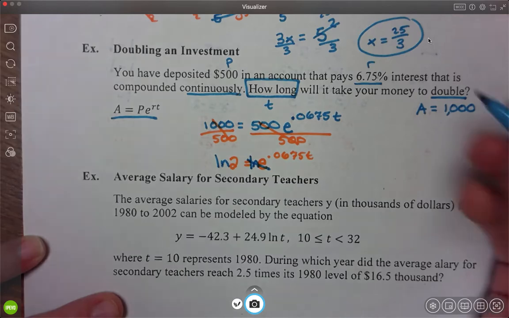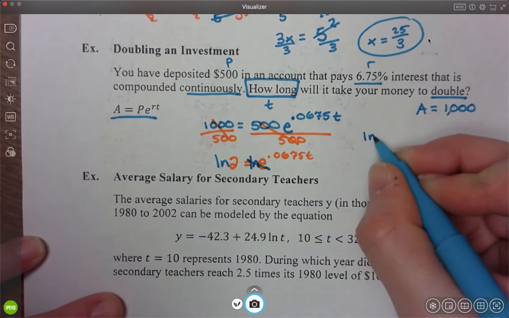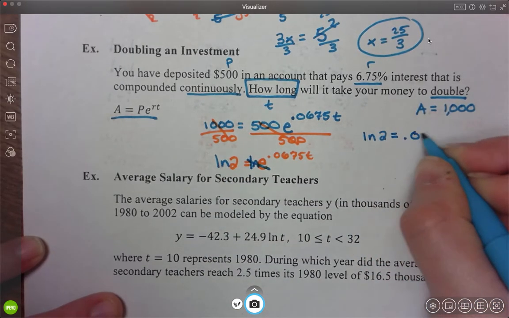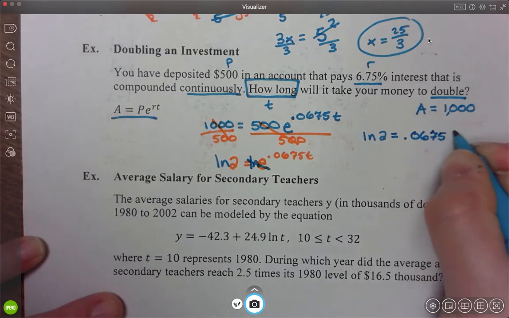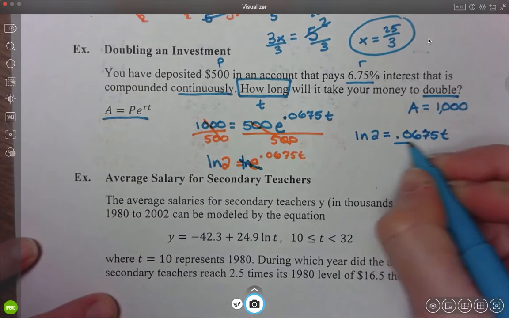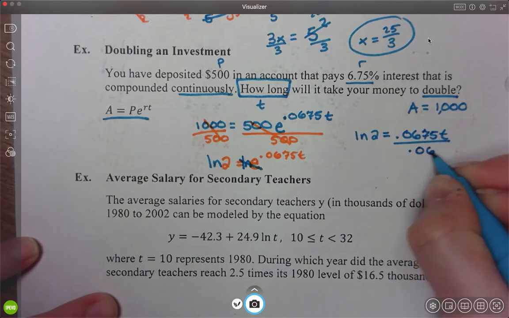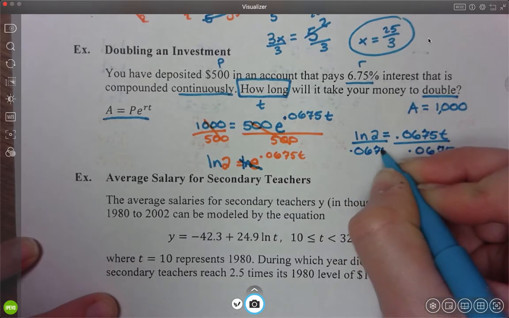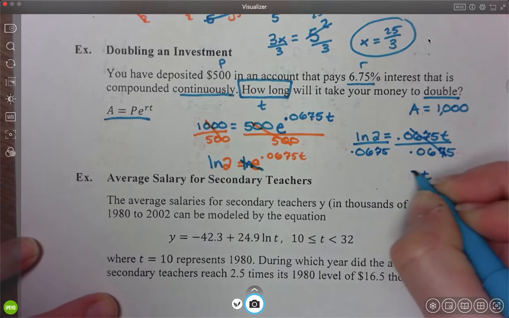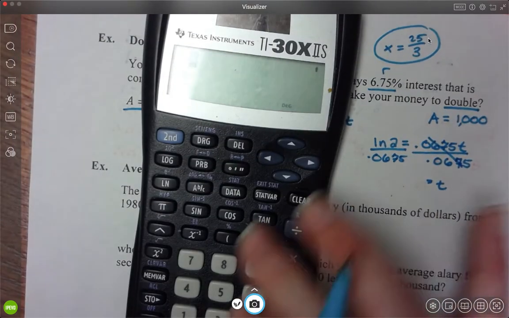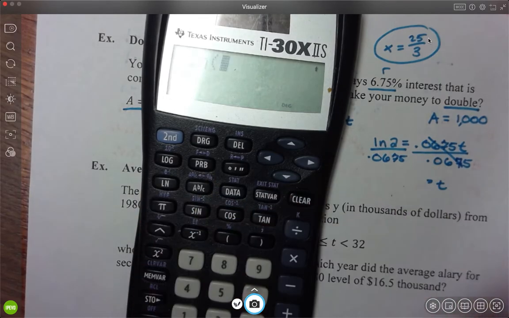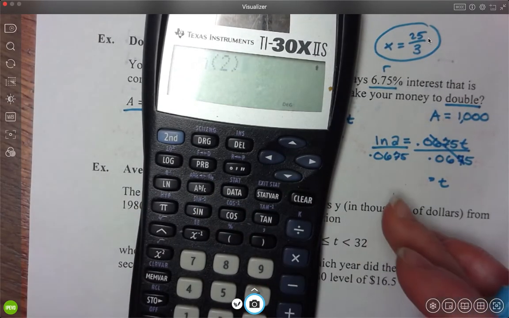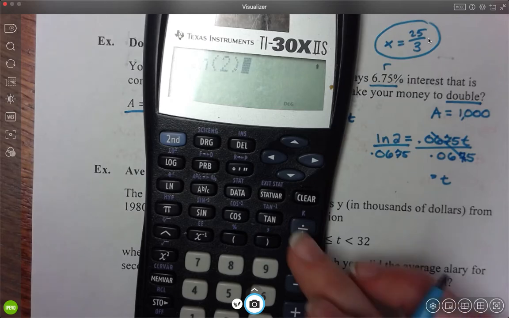So I will have ln of 2 equals 0.0675 t. And if I want to get t by itself, I just divide by that really ugly decimal on both sides, 0.0675. And t will be equal to ln of 2, close your parentheses, divided by 0.0675.